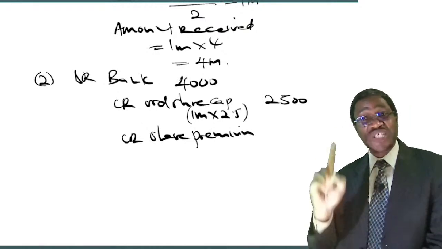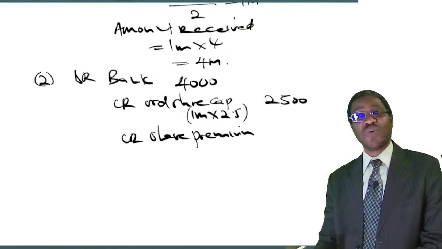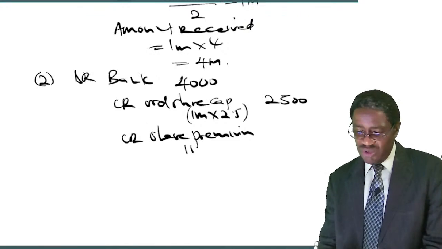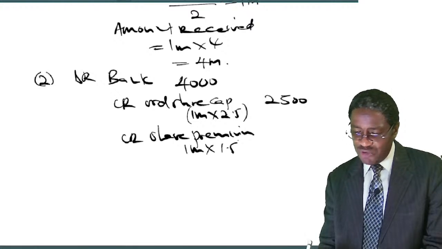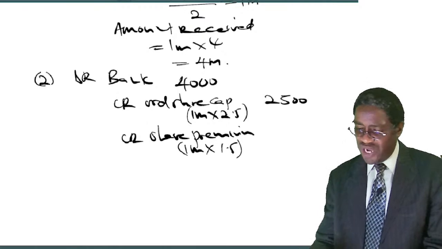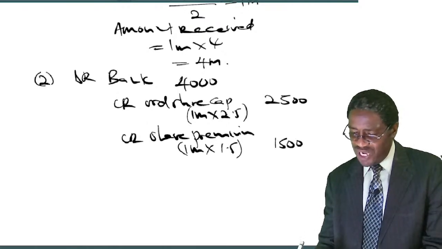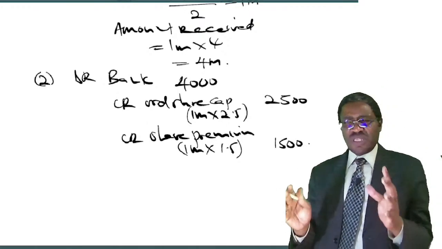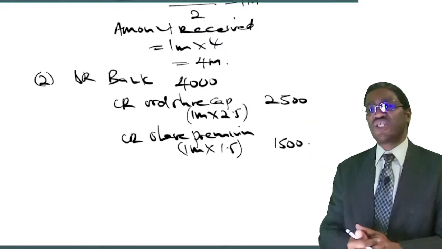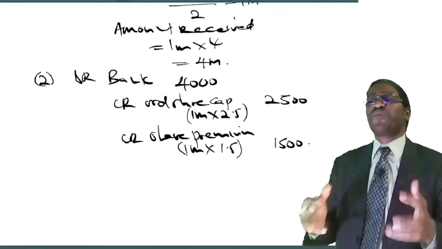If we are issuing a share at 4, then the share was issued at a premium of 1.5. So it will be 1M times 1.5. That comes to 1.5. So that was the trick that the examiner wanted you to know. Here is a case where shares are being issued at a premium.